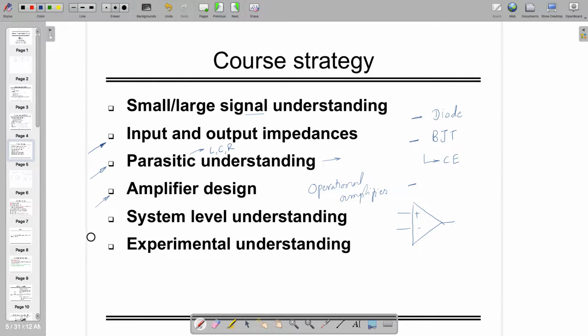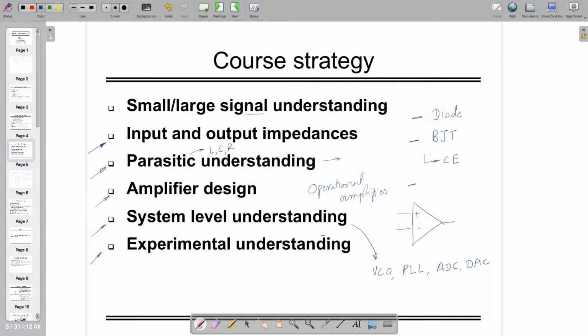Once this is done, we are going to study system level understanding, like the oscillator, generally known as voltage controlled oscillator, then phase locked loop, ADC, and that. The same thing we are trying to understand in the experiments. So it will be going hand in hand, right?